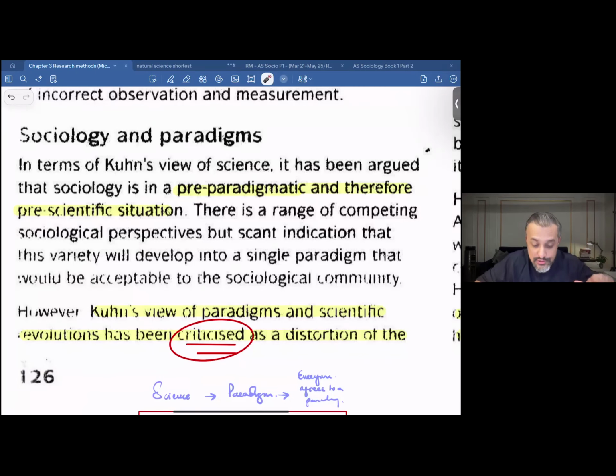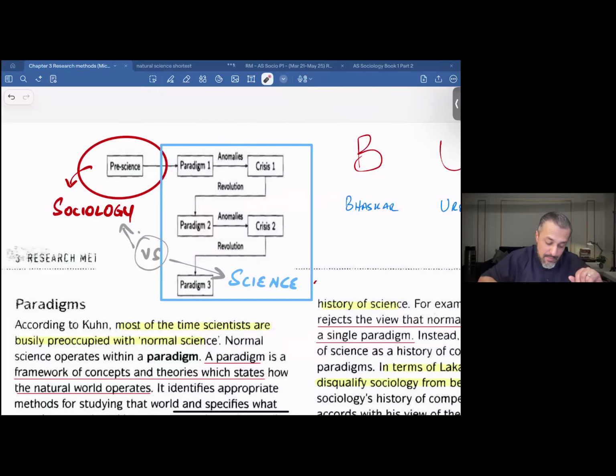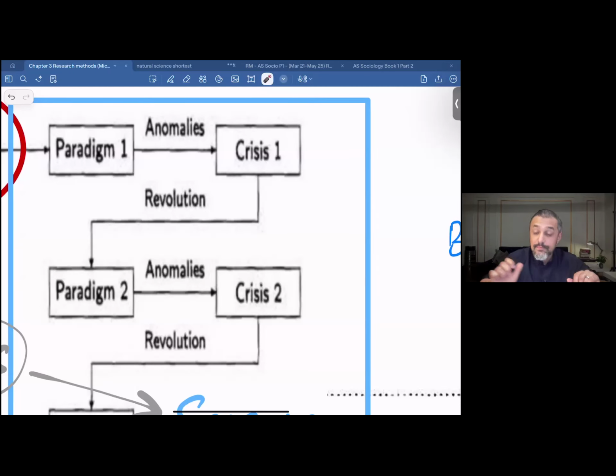So where is sociology here? This is where the magic part is. Remember when I'd initially said, according to Kuhn, in science we always have a particular paradigm that the scientists almost unanimously agree upon.